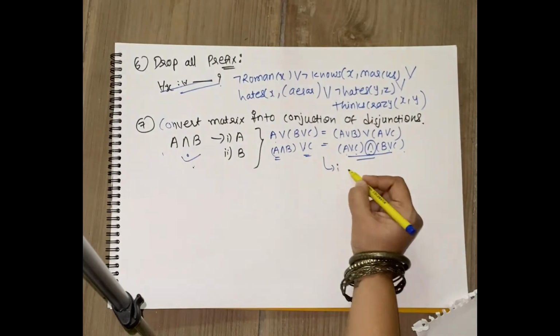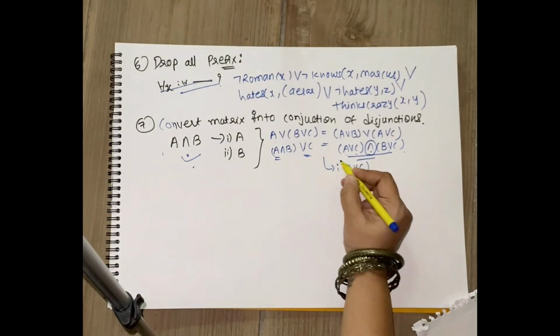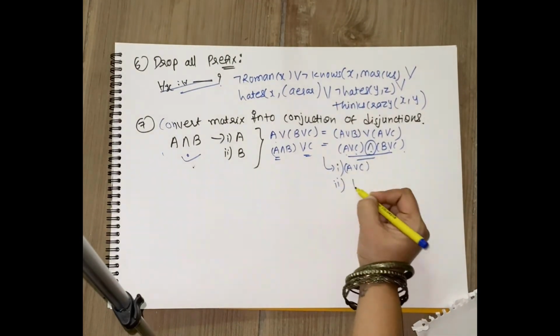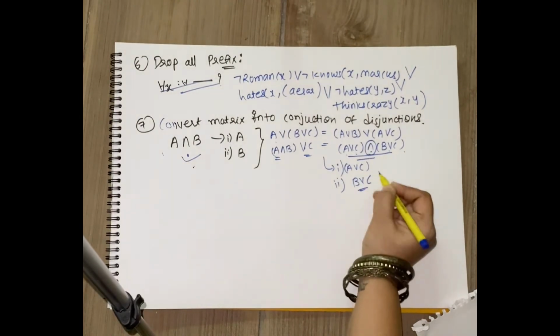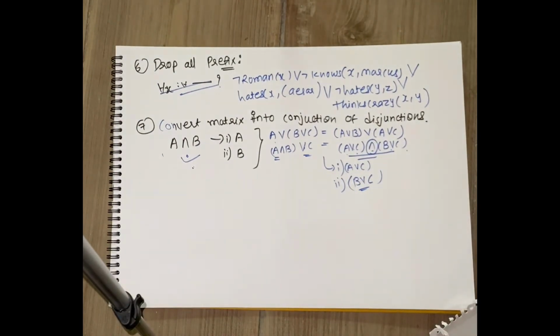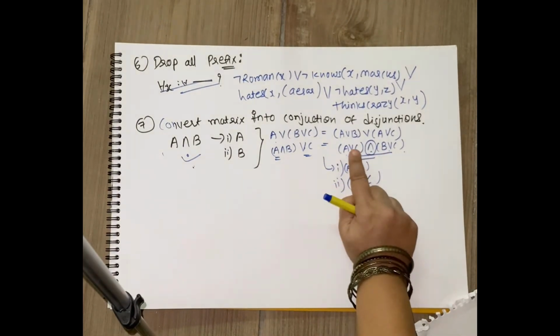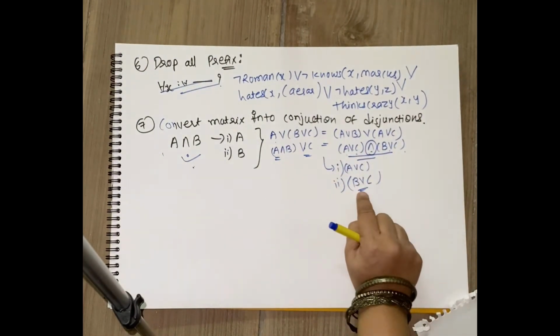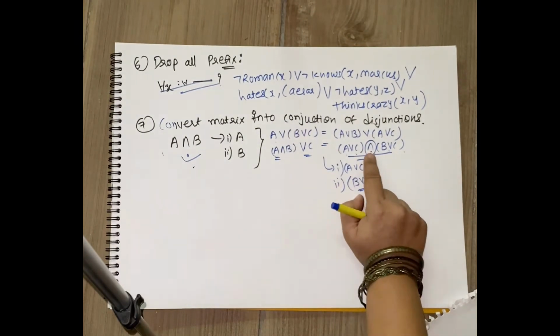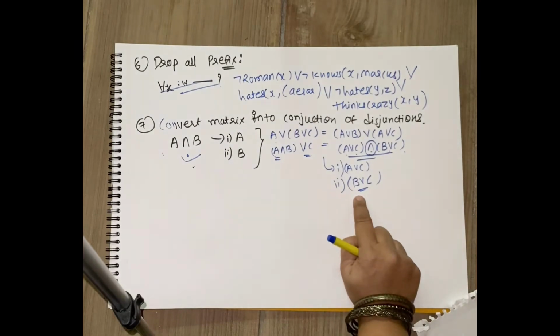So this will be converted to A or C as the first predicate, and B or C as the second predicate. Are you getting this? Whenever you have a conjunction between disjunctions, these disjunctions are different predicates and they will be separated. Wherever you have an AND operation, it terminates the predicate and separate predicates will be created.